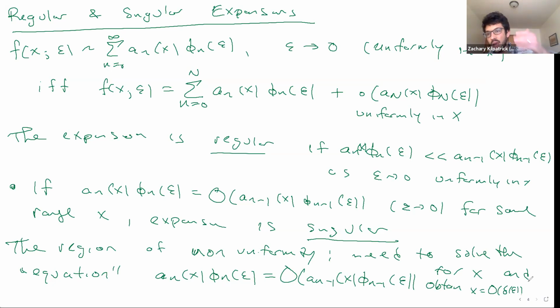So this is building up to something that we'll call matching. Essentially, if you have some singular region, then we need to deal with that non-uniformly converging region differently. It's essentially a change of coordinates in order to separate out an outer region from an inner region, which we'll get to, okay?